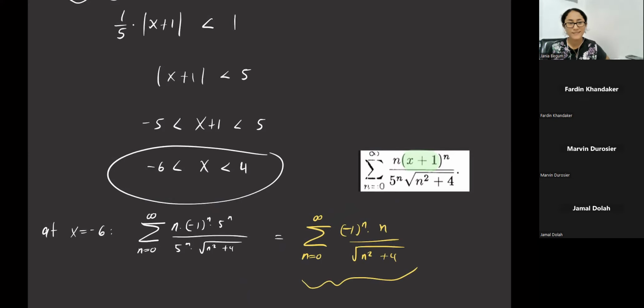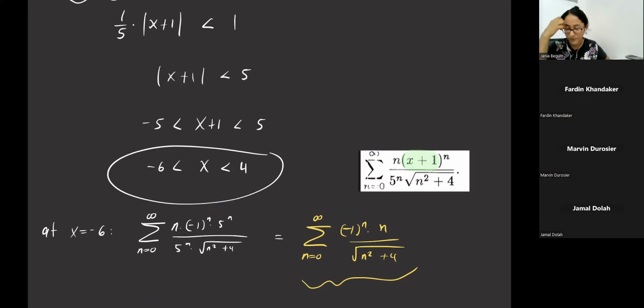What do you guys think? Does it converge? How do you know that? So you can rewrite the square root, right? I think it's going to diverge. Yeah, can't you do the nth term test here?